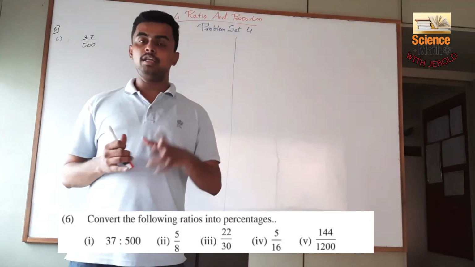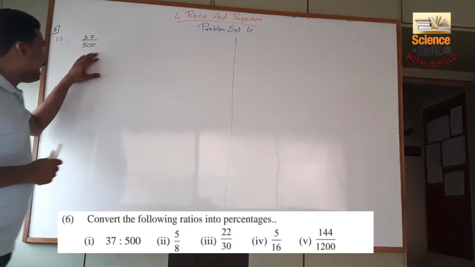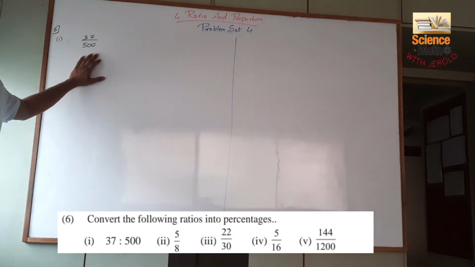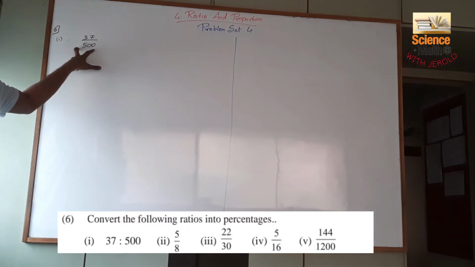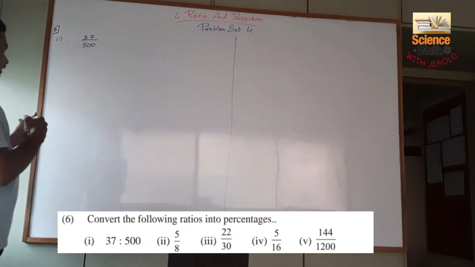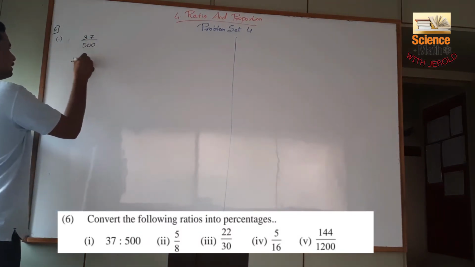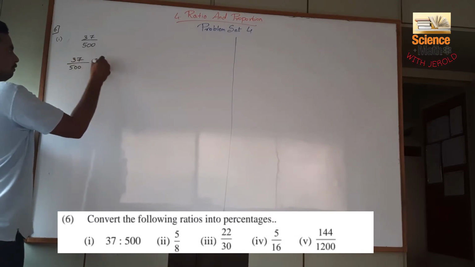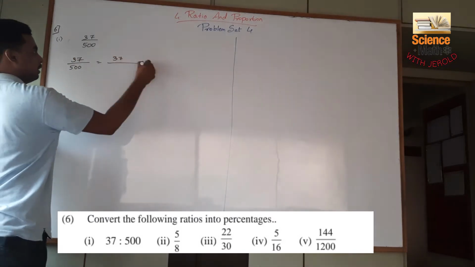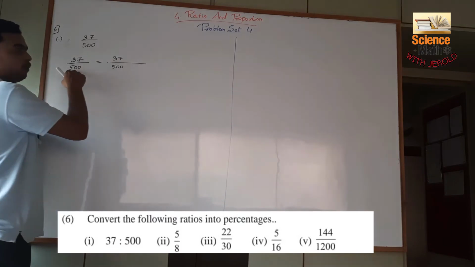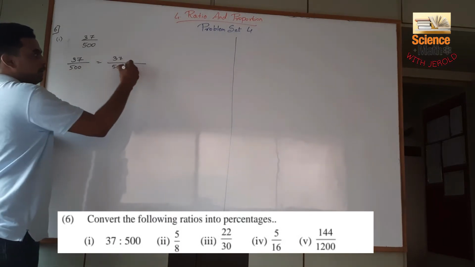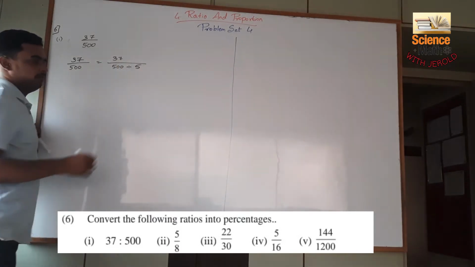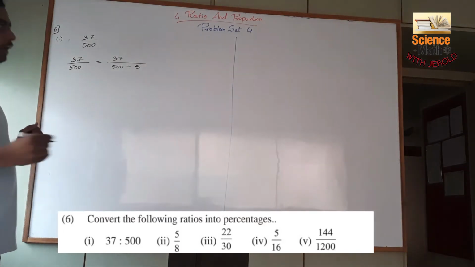As we have done already, you must also know that I have to bring 100 as the denominator. So I have to solve this 500 and bring it to 100. Therefore, my question will be 37 upon 500. If I want to convert 500 into 100, I have to divide by 5. So 500 divided by 5.